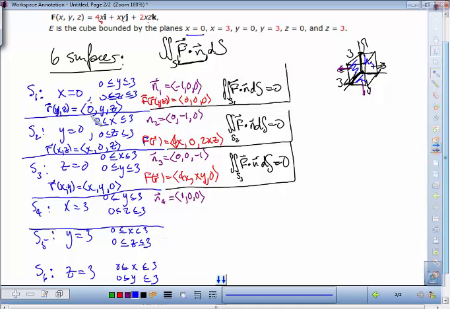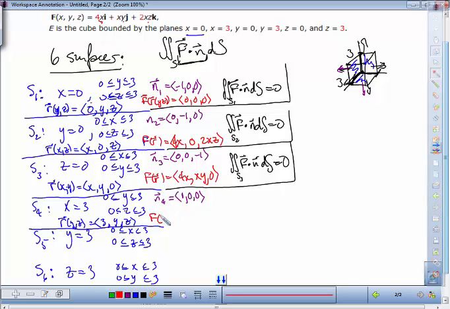Our parameterization this time, kind of like S1, is going to be a function of y and z. But different from x1, instead of 0, we get a 3 here. Now when we put these values into the function, the x's are all equal to 3.